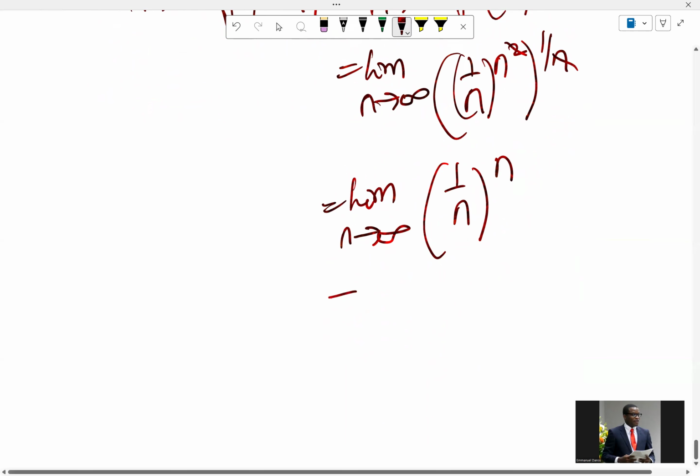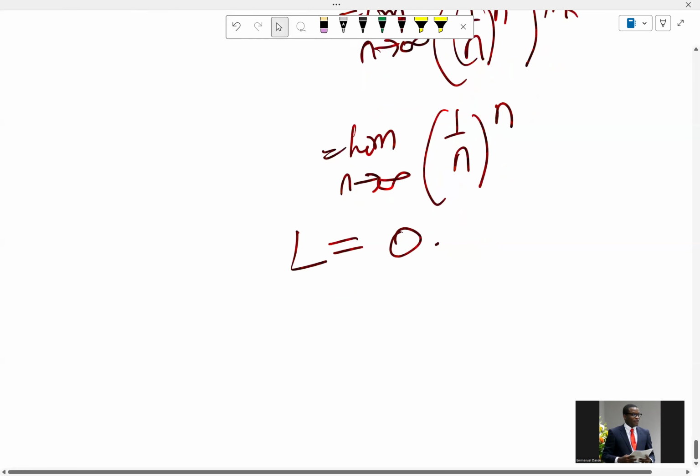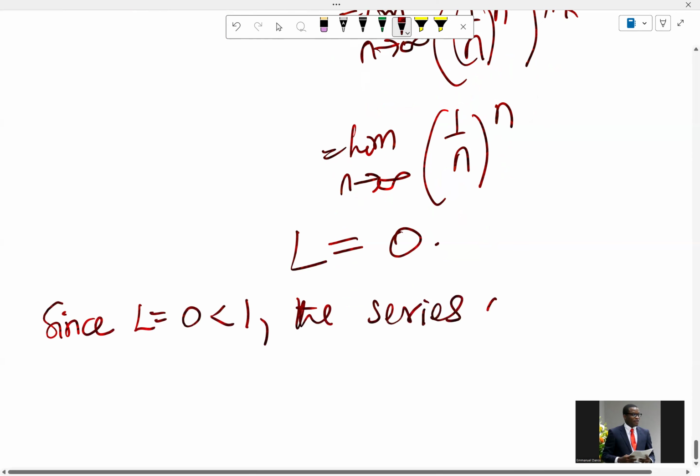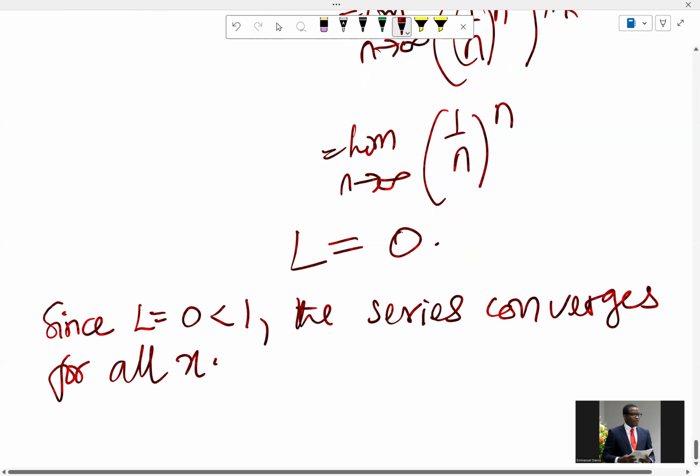Whatever else happens, this goes to 0. So L is 0. Since L is equal to 0, which is less than 1, the series converges. The series converges for all x.